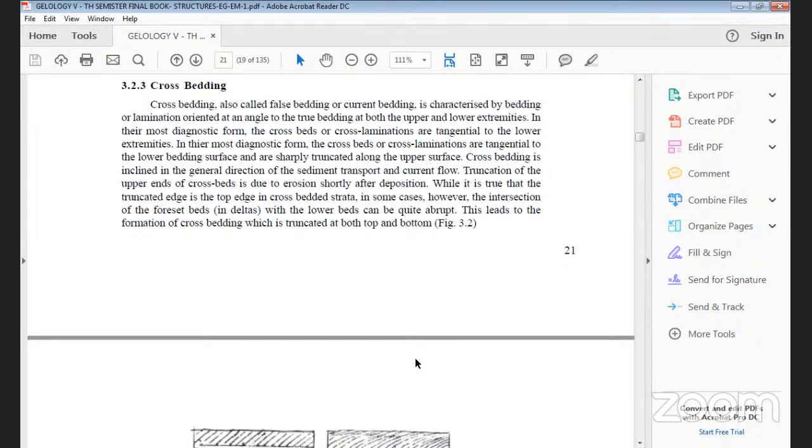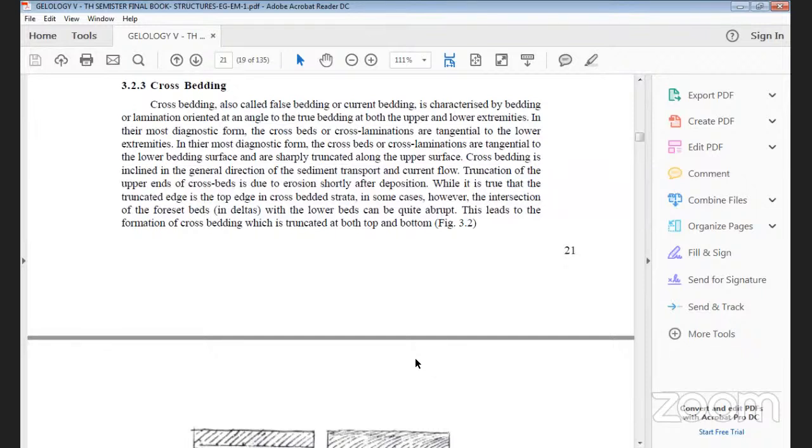The most diagnostic form of cross bedding has cross laminations tangential to the lower bedding surface, and they are very sharply truncated along the upper surface. Cross bedding is inclined in the general direction of sediment transportation according to the current flow.